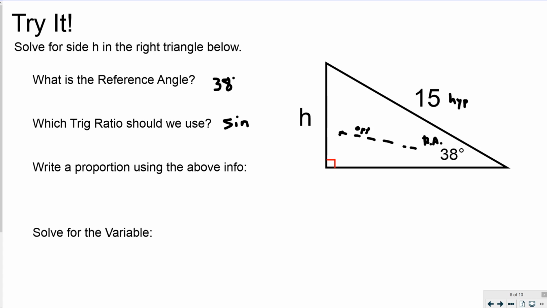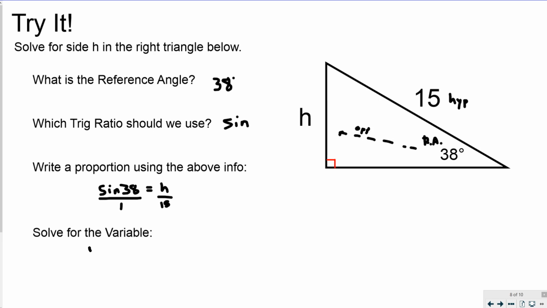So using that information, the sine of 38 is equivalent to the opposite side, h, divided by the measure of the hypotenuse, 15. And I'm going to write sine of 38 over 1 equals h over 15. And I can immediately go and cross multiply and solve.